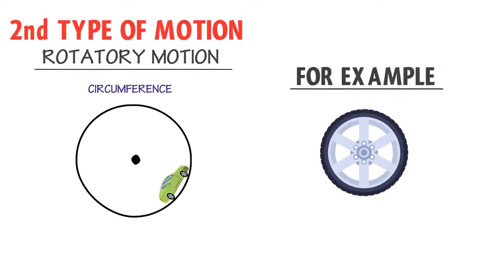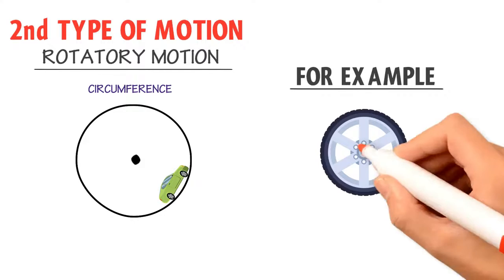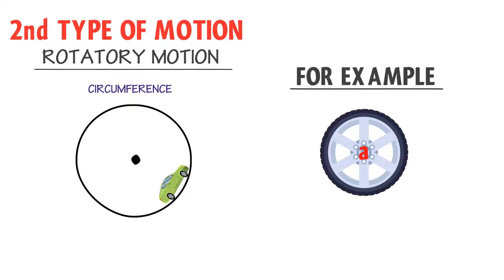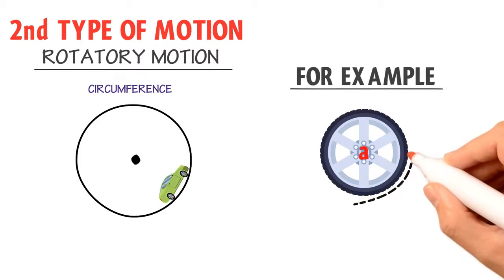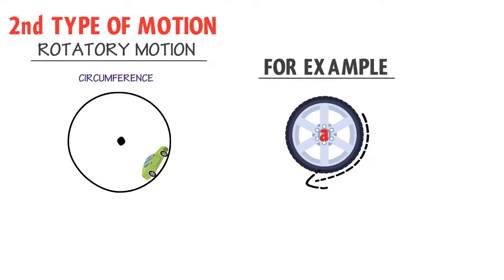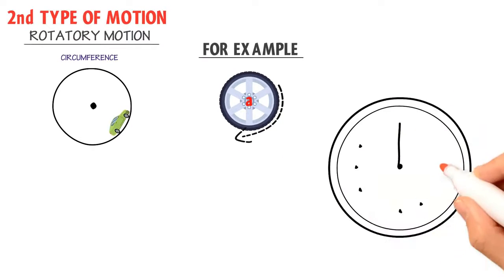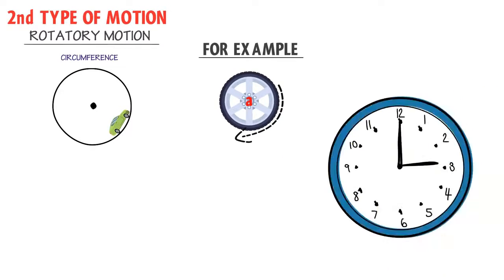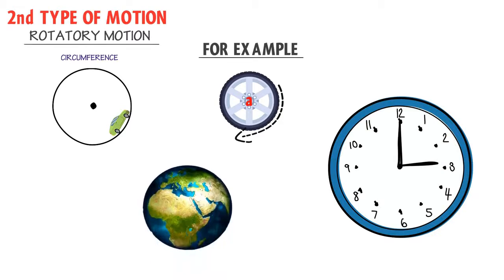For example, the motion of a wheel is rotatory motion. Here the fixed point is A. All the particles of the wheel rotate around the fixed point. Similarly, the motion of the hands of a clock, the motion of a fan, the motion of the earth, and the motion of an electron around the nucleus are all types of rotatory motion.